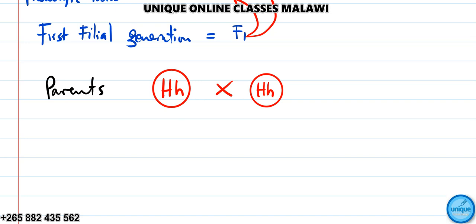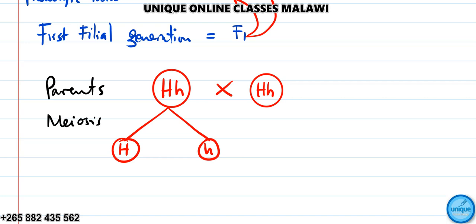Then meiosis ikachitike hapa, and we're gonna have capital H and abo tizakandi small h. Yachitika hapa label that one kuti ndi meiosis. Monetse kuti mukuzitsata, and meiosis lead to formation of gametes. So you can write there gametes. The same applies with the other genotype. We're gonna have here capital H, here small h, something like that.